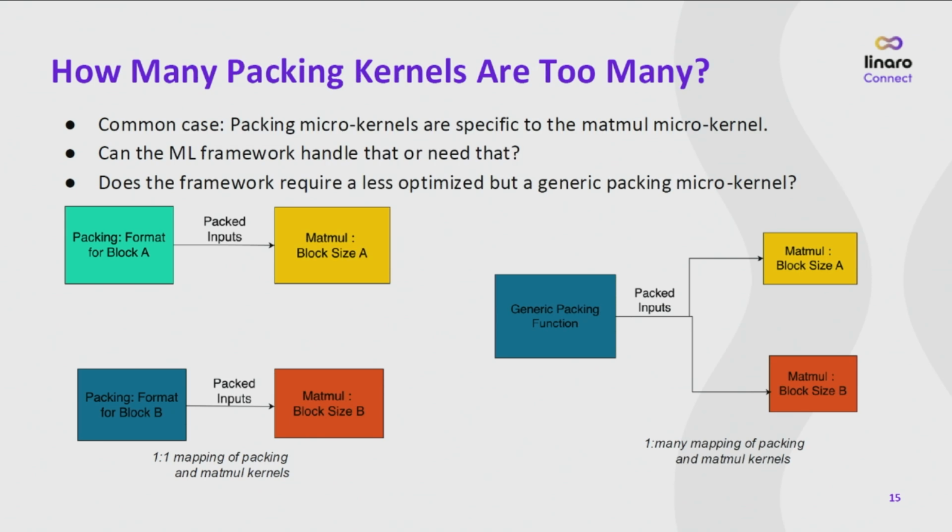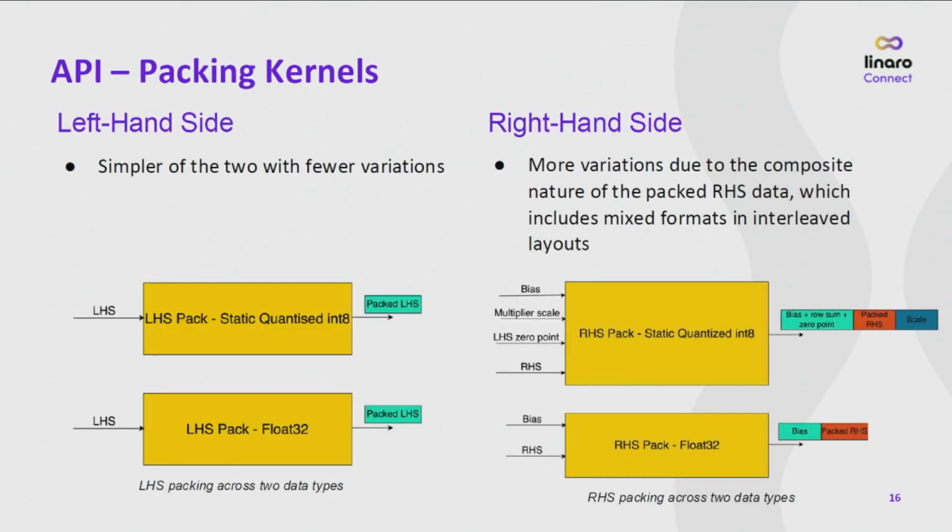For some frameworks, that is the solution. And for the ones that don't handle multiple matrix multiplication microkernels, we just go with a single specific packing kernel. At the end of the day, it's a trade-off.